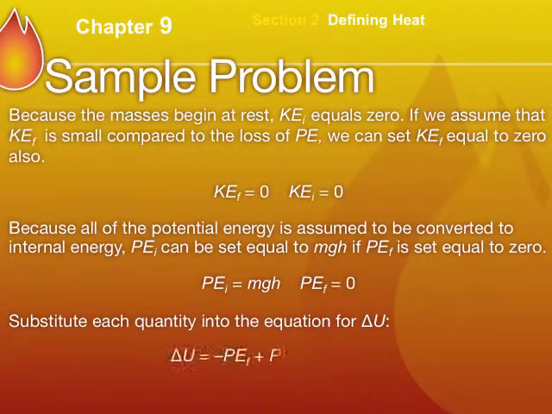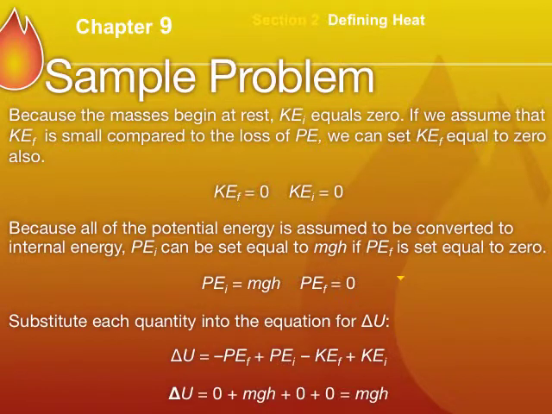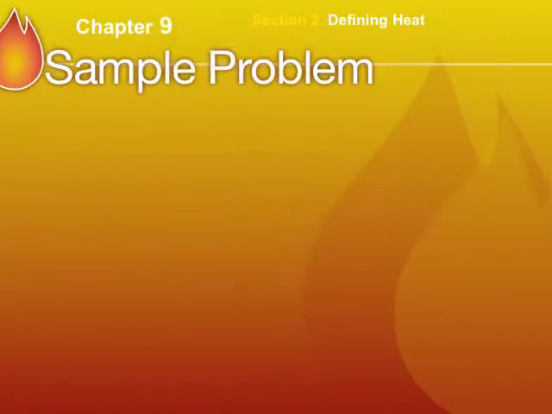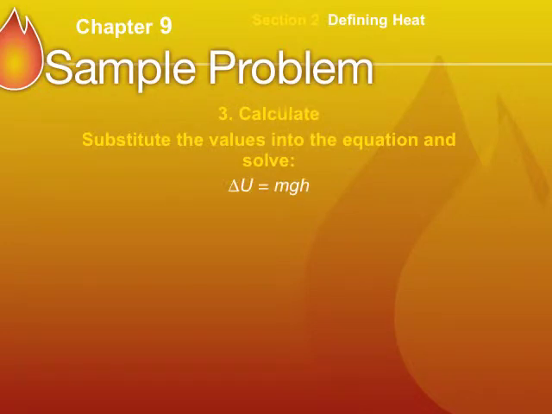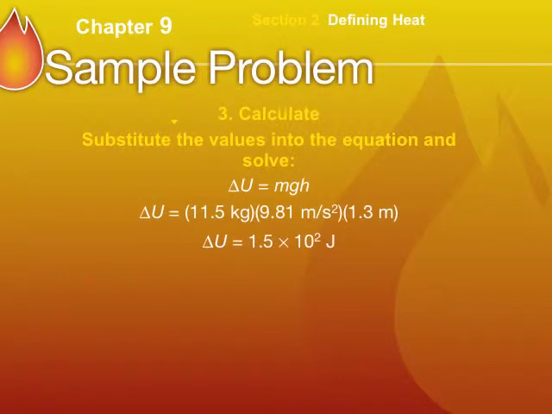And so if we work this out in our equation, since our KEs are 0, we really end up with mgh plus 0. Okay, we end up with mgh. So therefore the change in internal energy is equivalent to our potential energy. Work it out, feed in our numbers, and our potential energy is 150 joules.